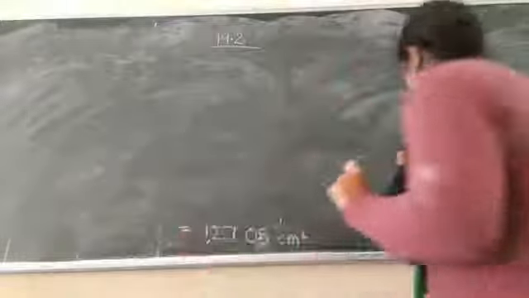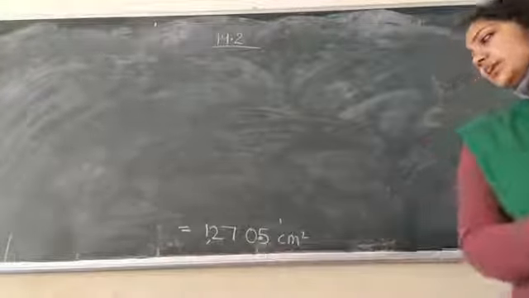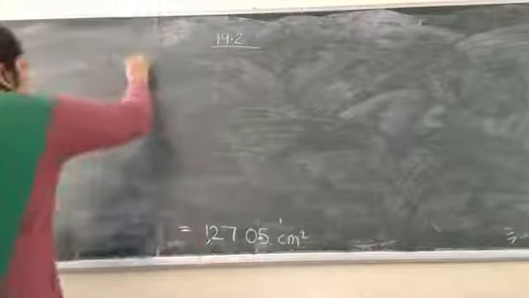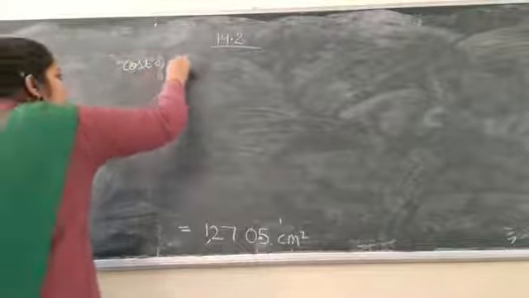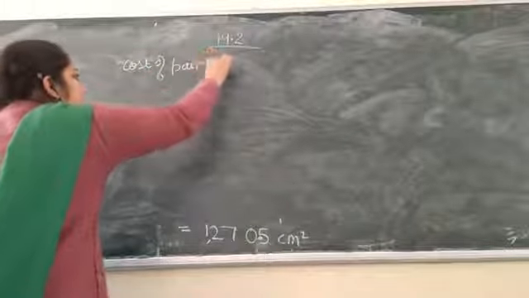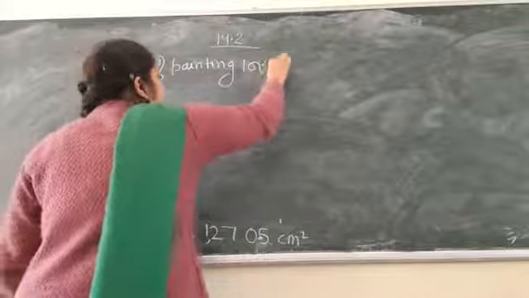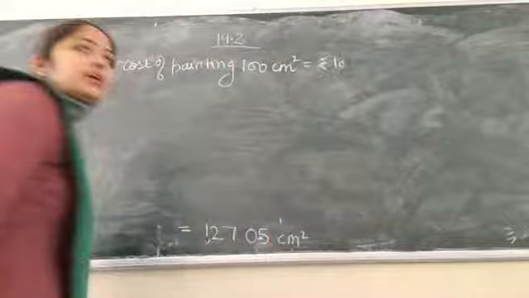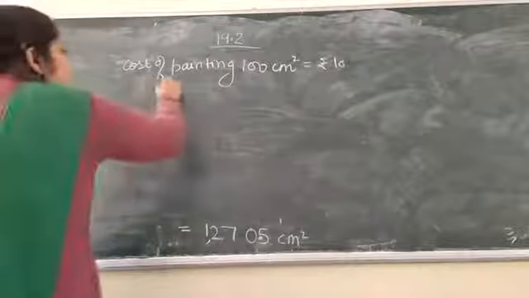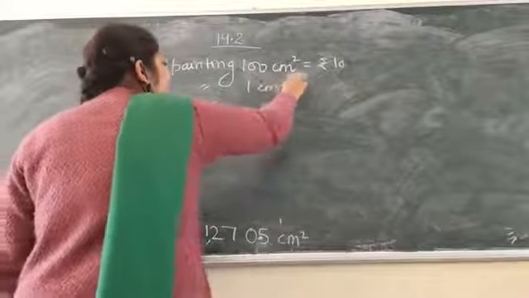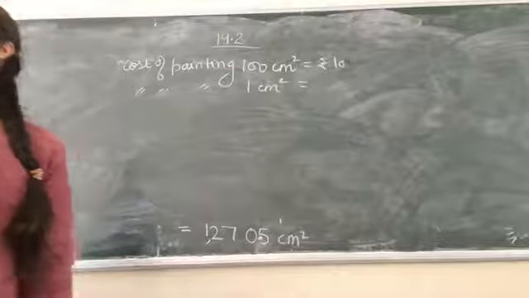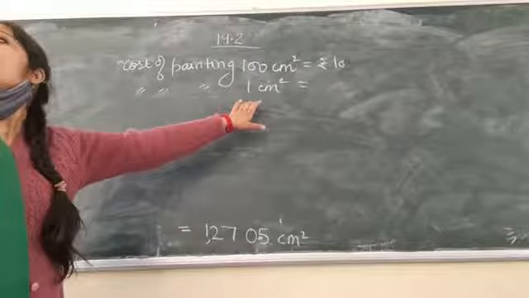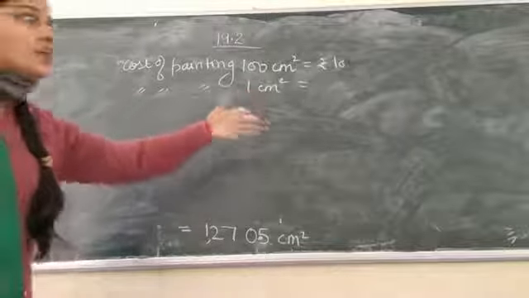How much area is to be painted? 1270.5. Okay. So it means what is given? Cost of painting 100 centimeter square is equal to rupees 10. Right? Yes. So what will be the cost of painting 1 centimeter square? 10 upon 100.